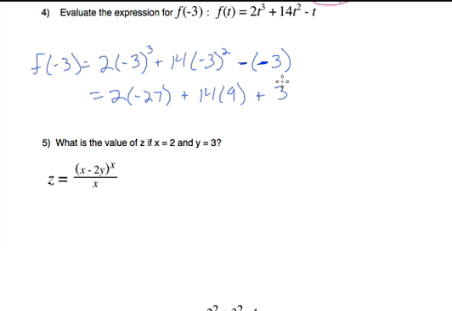So 2 times negative 27 is negative 54. 14 times 9 is 126. And then you're going to add 3 to that. And you can use your nifty little calculator. Negative 54 plus 126 plus 3 gives you 75.